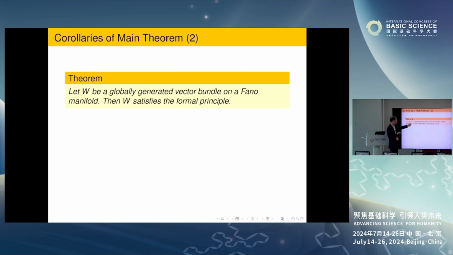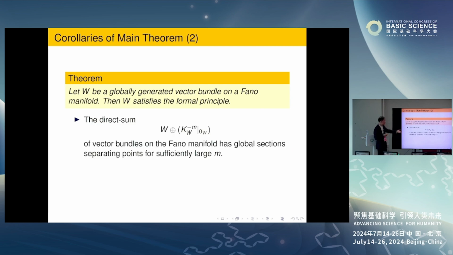We don't need to assume the separation of points in this case, because of a simple trick: for a Fano manifold, you can enlarge the vector bundle by the anti-canonical bundle to make a new vector bundle which has the separation property. And then from this, you can deduce the formal principle for the original bundle. For a Fano manifold, the anti-canonical bundle has lots of sections, and using this, you can remove the additional assumption about separation of points.